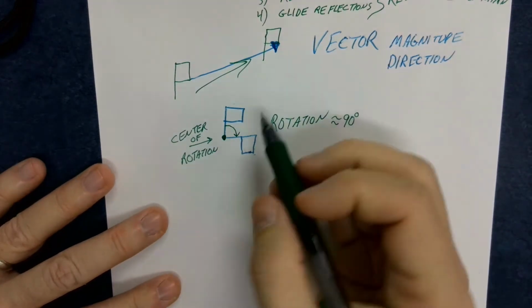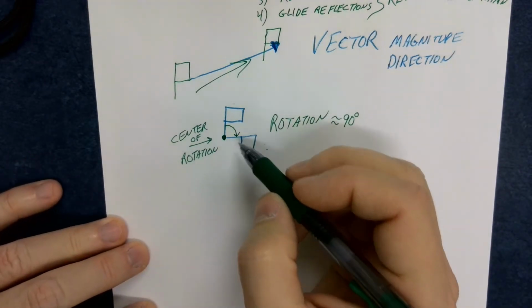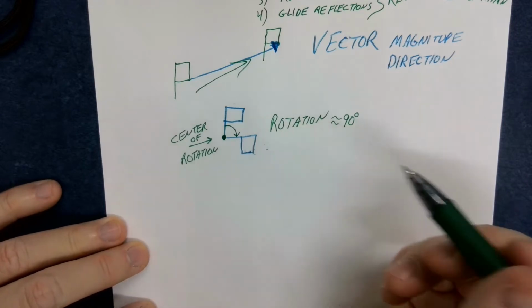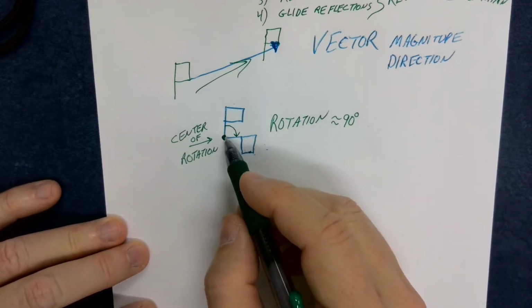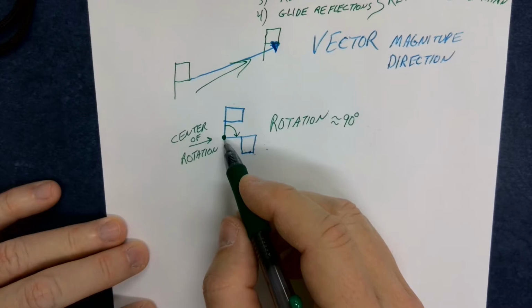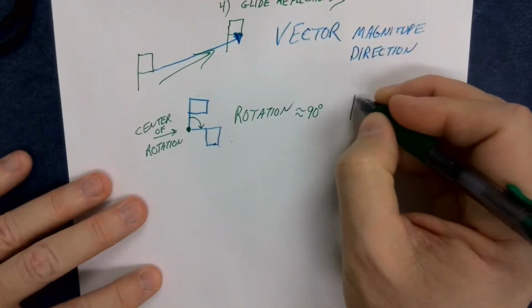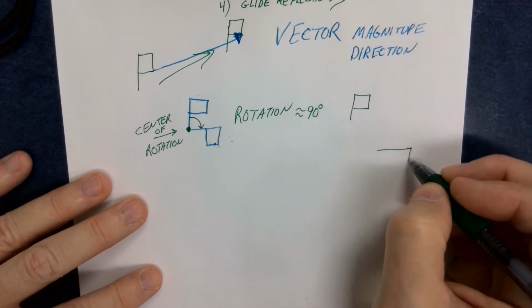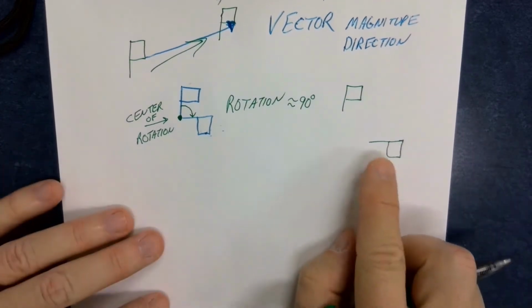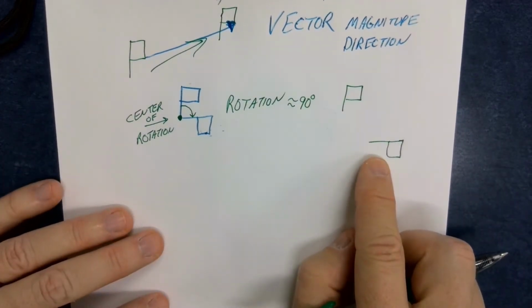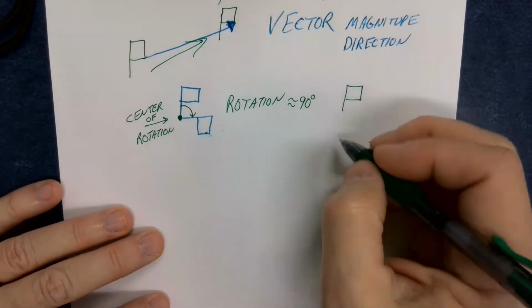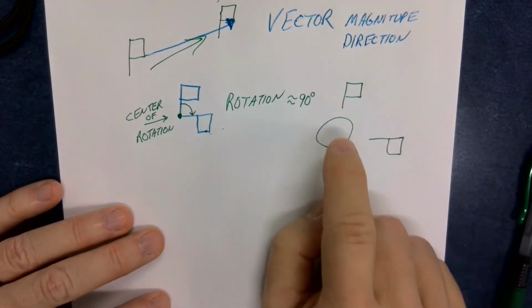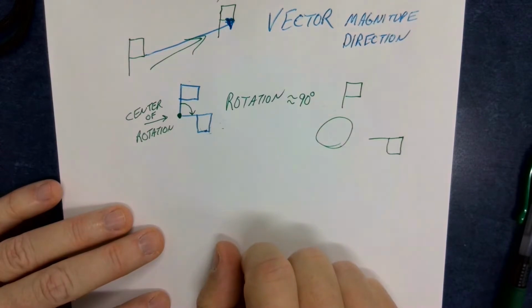Now, the center of rotation doesn't have to be on the object itself. It could be any place that we want to put it. We just simply know that if the shape is here now and the other shape is further away like this, that center of rotation would have to be someplace in this general vicinity over here. Okay? So, I think we're good on that.